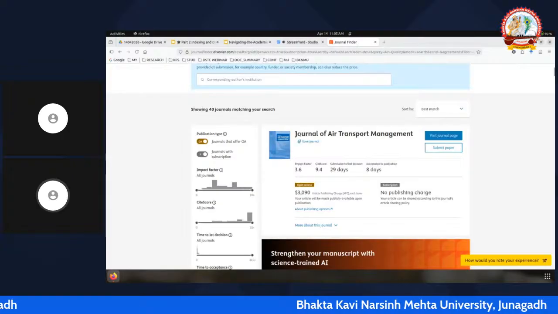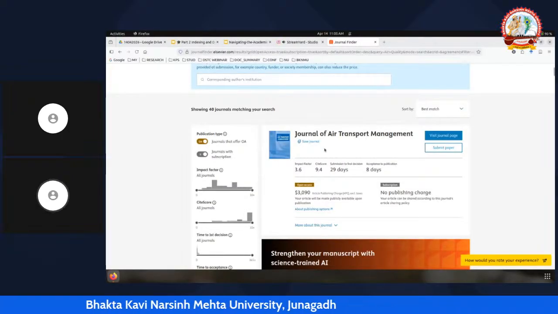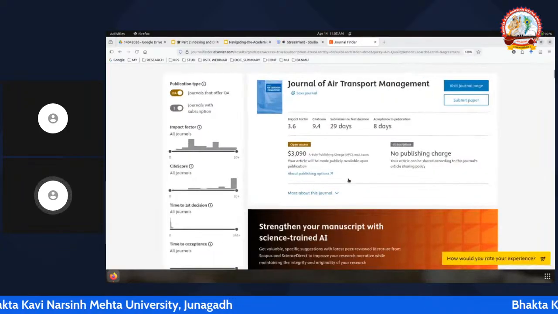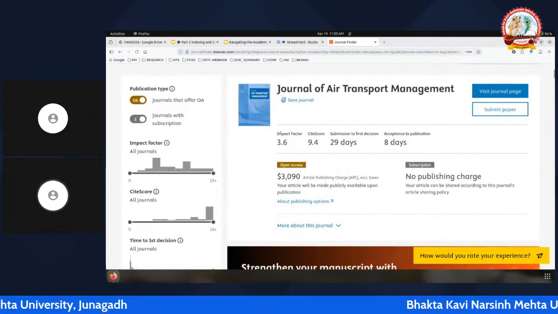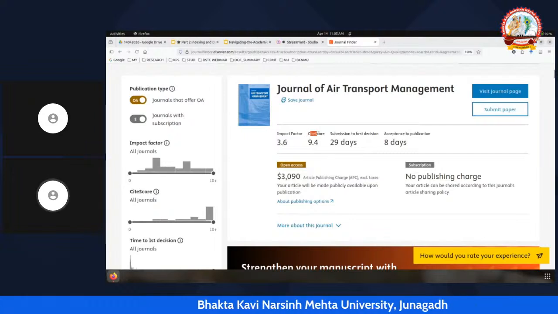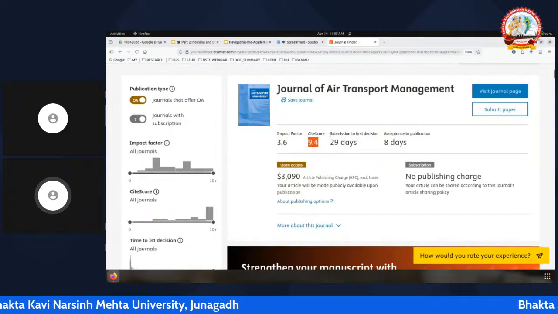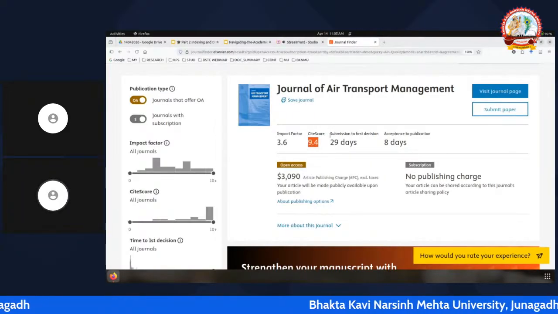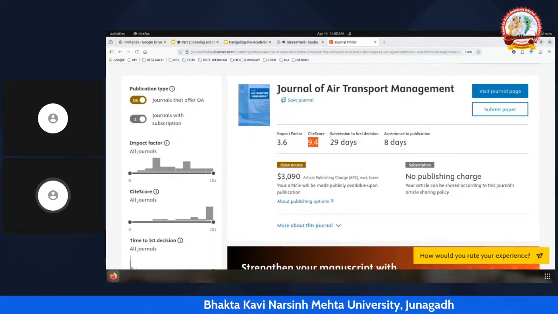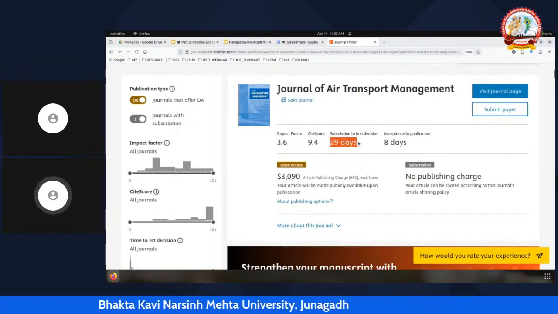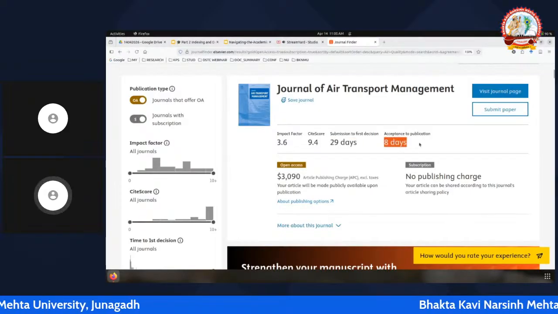So we have one paper, Journal of Air Transport Management. That is the name of the journal. So same as Scopus, you can identify the impact factor, that is 3.6, a good one. Site score, that is 9.4. Submission, also we have the decision after providing our paper to that particular journal. They make the first decision within 29 days, and acceptance to publication after making the decision.